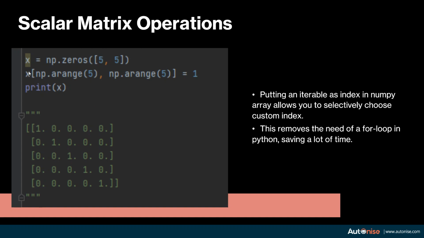Now we want the diagonal elements to have the value 1. To do that, you first do np.arange of 5. This will generate numbers 0, 1, 2, 3 and 4, not 5, just till 4.